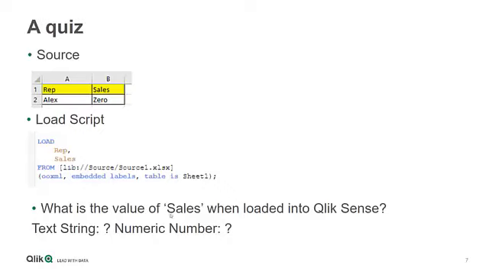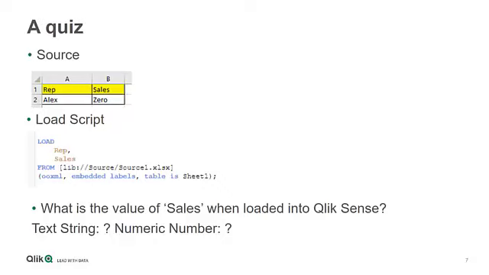And the question is, what is the value of sales? Sales, yes, sales. 0. Text string 0. Yes. Then numeric value. Numeric number. Numeric value. We can use the num function to check.